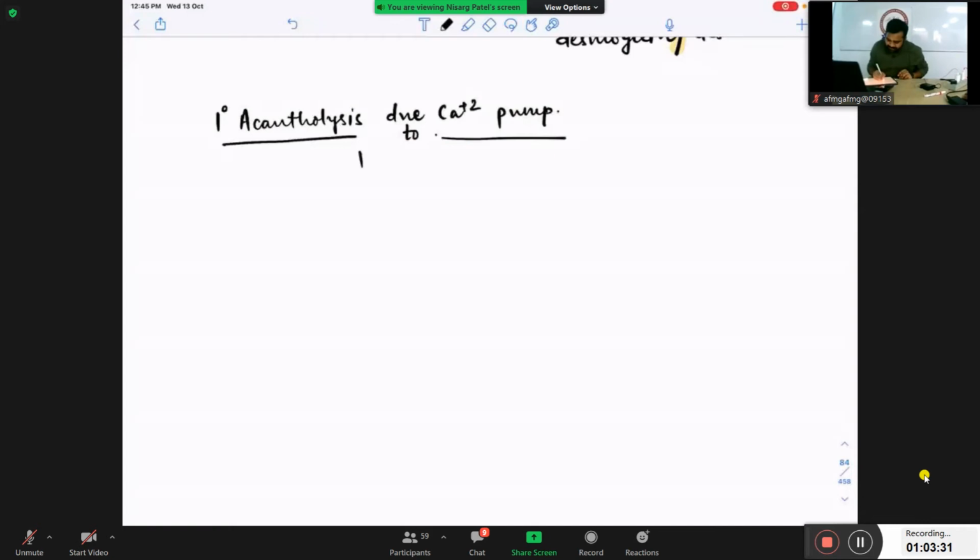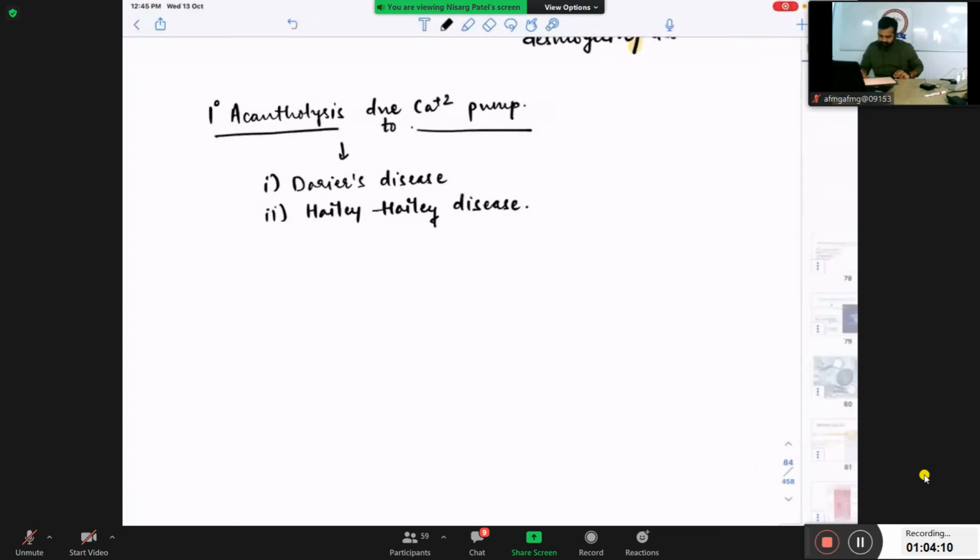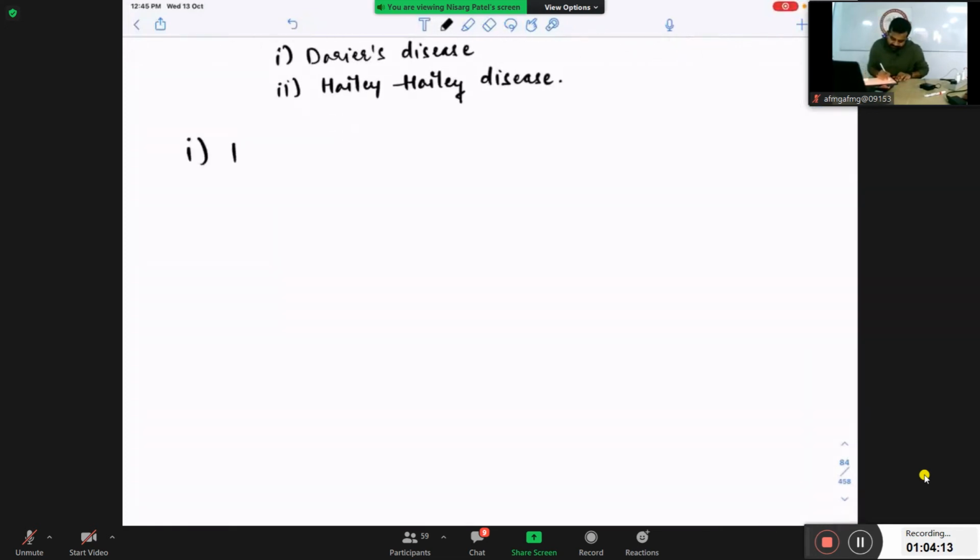Primary acantholysis due to calcium pump defect is seen in Darier's disease and Hailey-Hailey disease. Okay, we will discuss Darier's disease first.